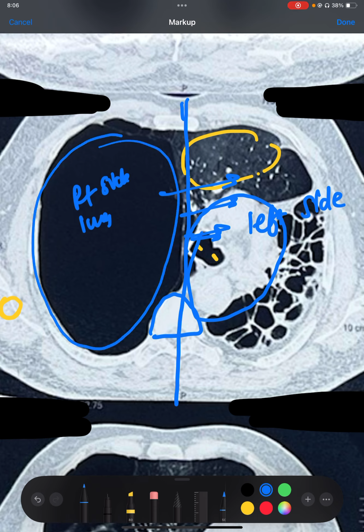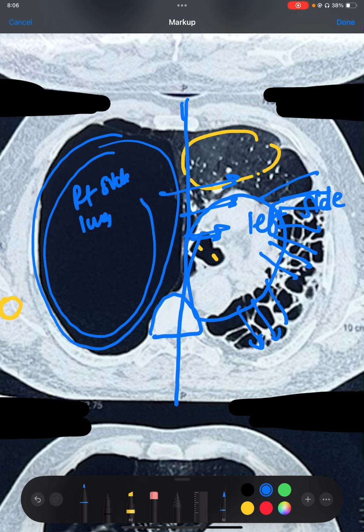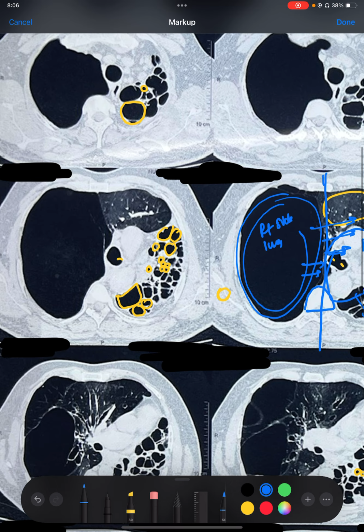So this cystic bronchiectasis fibrosis also pulls the lung toward the left side, pulls the mediastinum and heart toward the left side, and this large structure on the right side is also pushing the mediastinum to the left side. So you can see here, this is the trachea which is completely shifted to the right side.